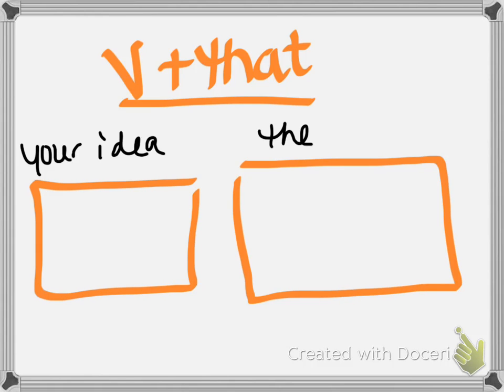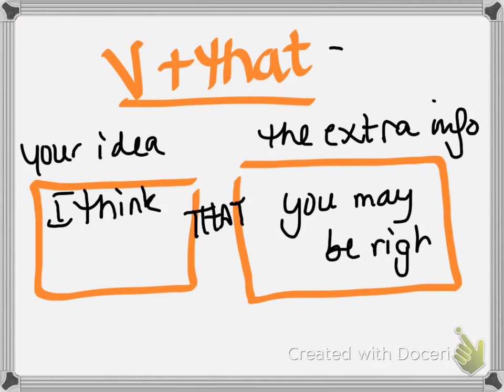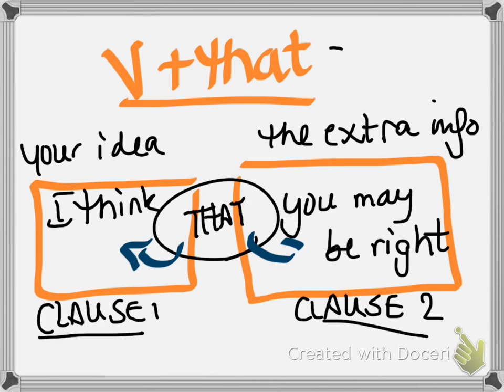The reason why we use this structure is to connect our ideas with other information, because we want to show what our interpretation is of a situation or information, and to do that, we use that to connect the one verb with another verb.